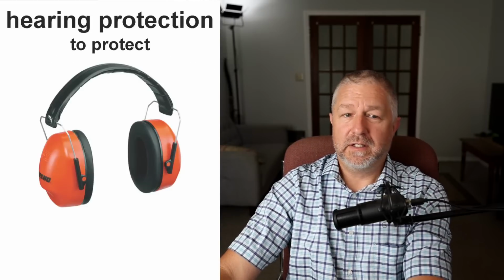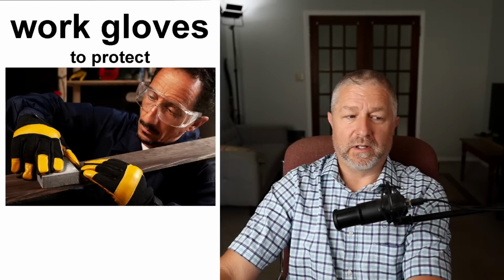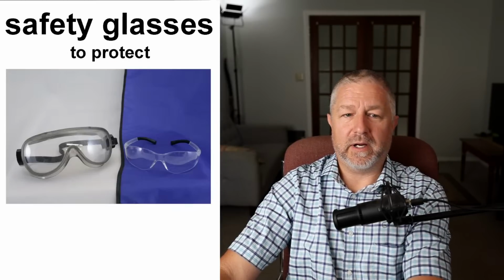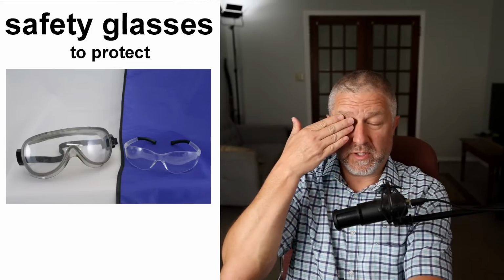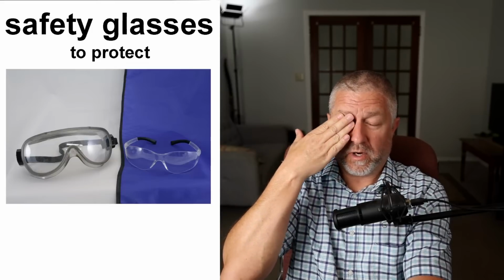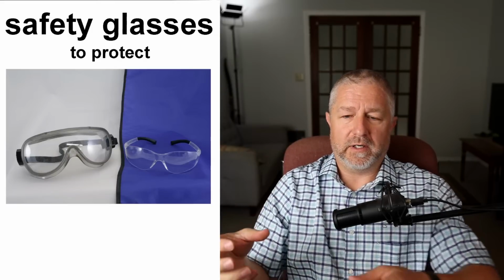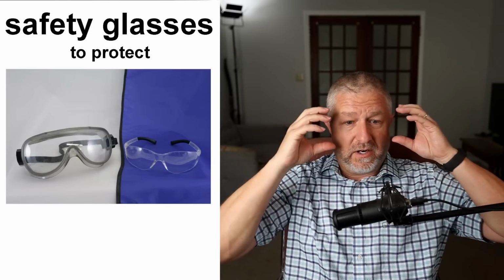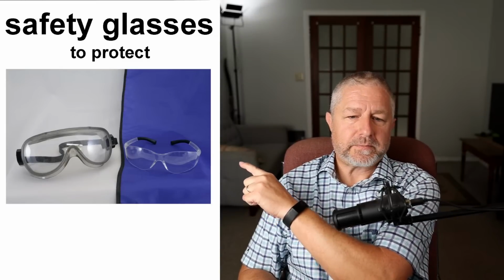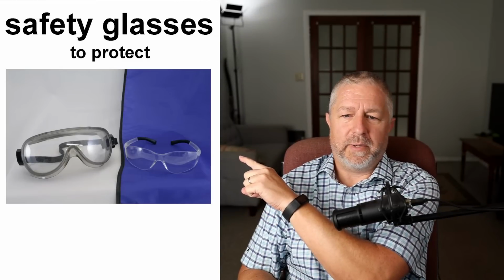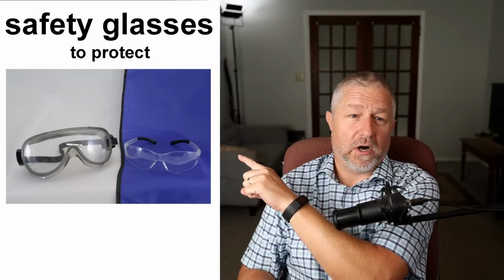Safety glasses, hearing protection, work gloves. These are all things that we wear to protect ourselves. So when you are doing any kind of work, you want to protect your eyes. You will wear goggles, safety goggles, or safety glasses. In fact, on this screen, on the white background, those are safety goggles.